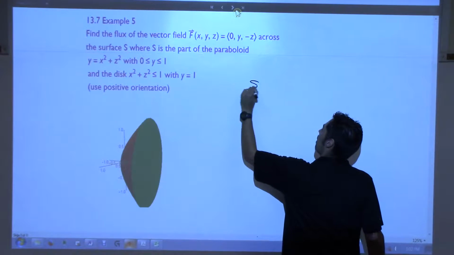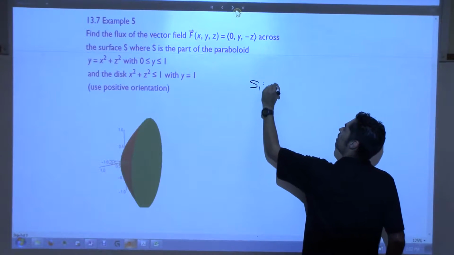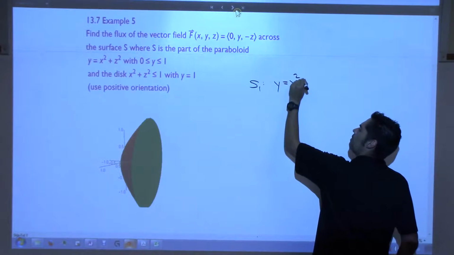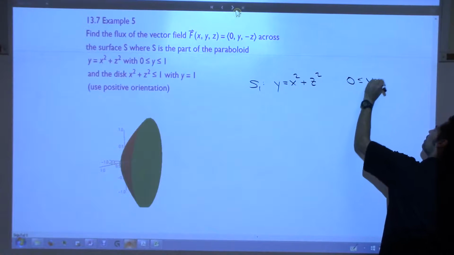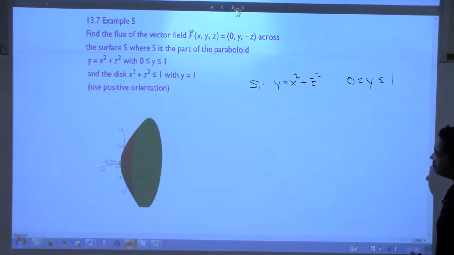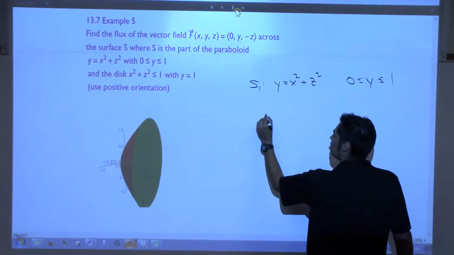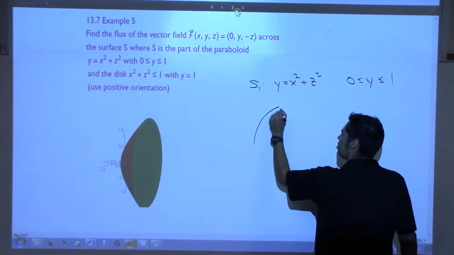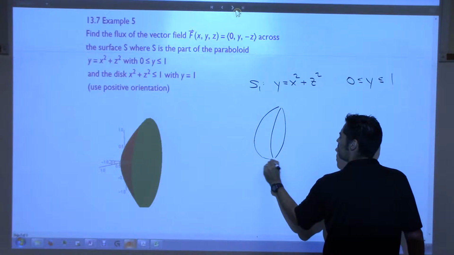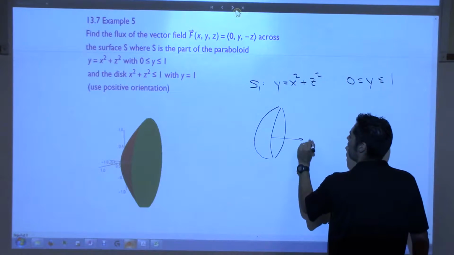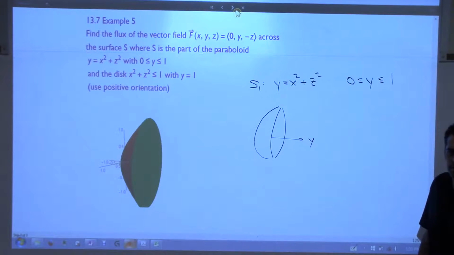I'm going to call S1 the surface that is created by y equals x squared plus z squared with y between 0 and 1. And I'm going to draw this out. It's going to look something like that. And remember, our y-axis is coming out of it like this, right?